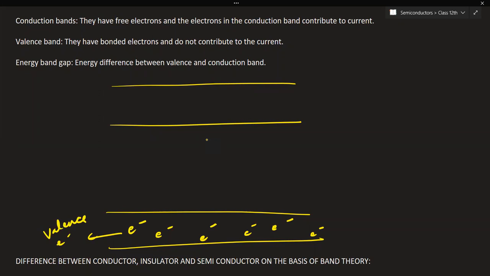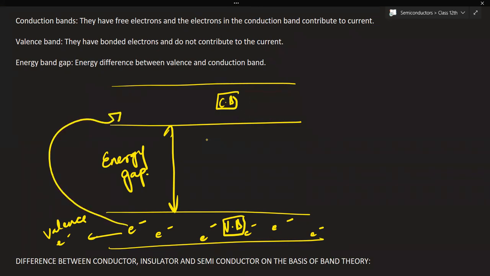All right. Then there is a certain energy gap between these two. This gap is known as the energy gap. This is the valence band and this is the conduction band. Whenever sufficient energy is struck upon the valence band, valence electrons transfer from the valence band to the conduction band and become available for conduction.